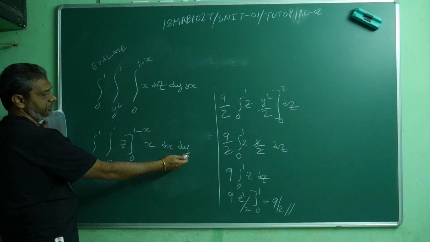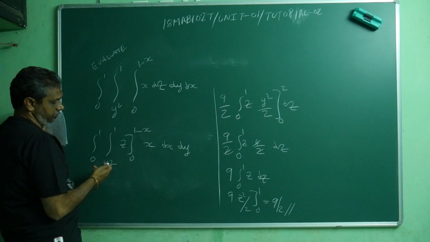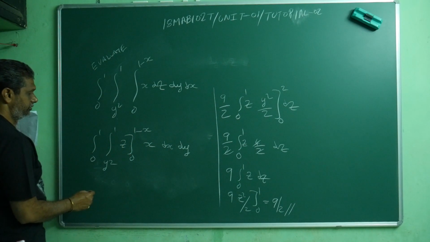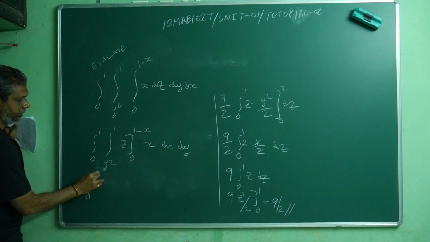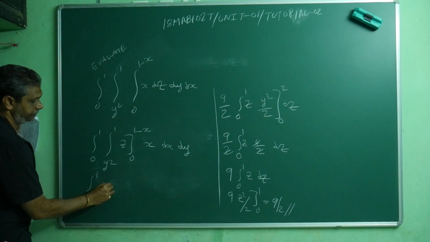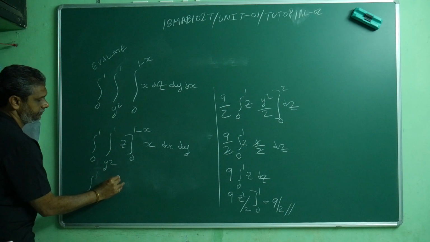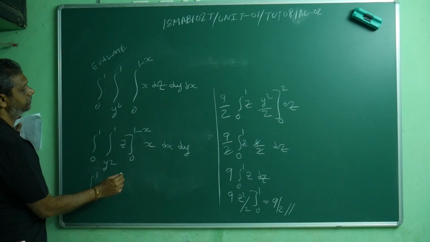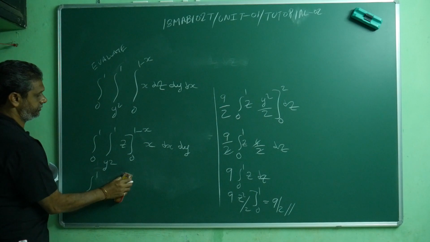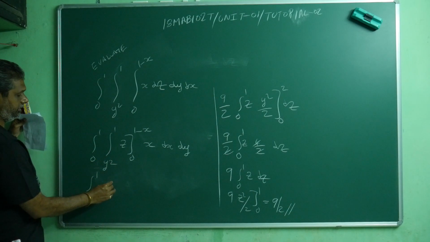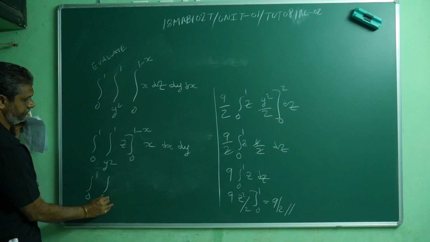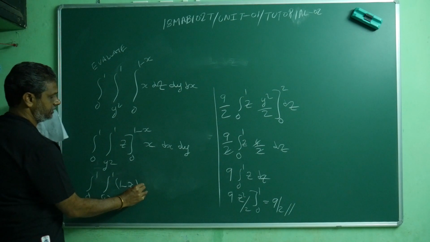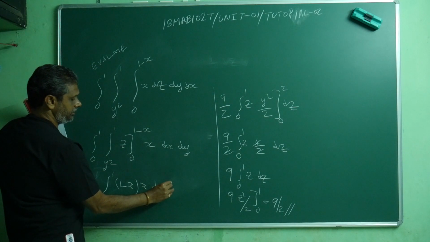If you write dy dx also, y we are not able to do with respect to y first, you can do with respect to x. Now if you apply limits, 0 to 1, z integration is z, apply the limits: you will get y squared to 1, 1 minus x dx dy.